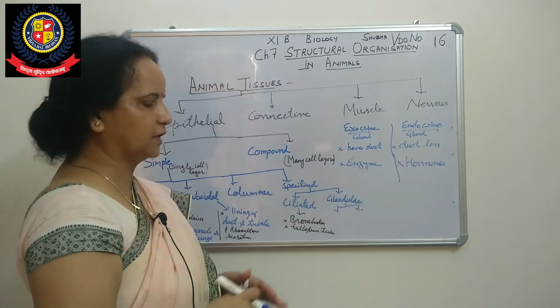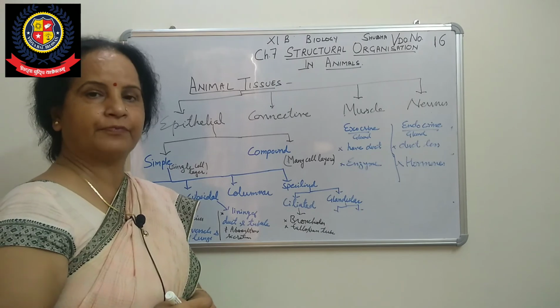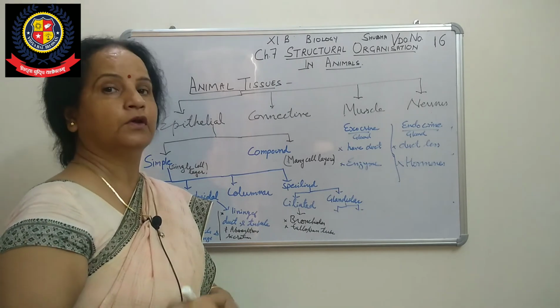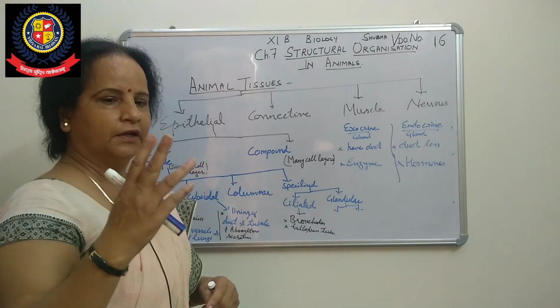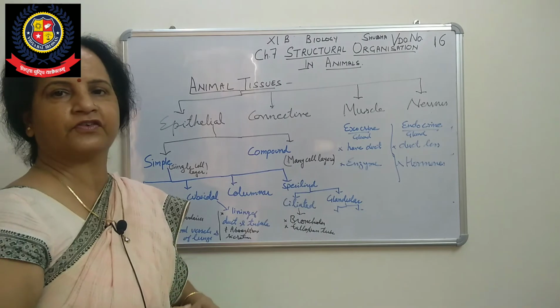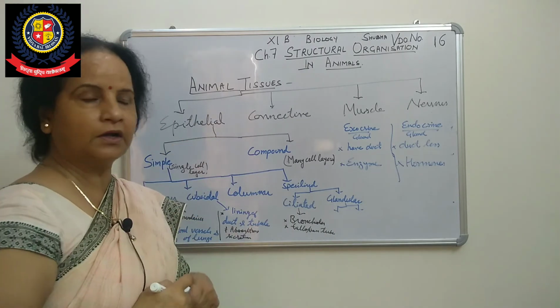Talking about exocrine glands in your body, the stomach cells secrete pepsin enzyme. Along with pepsin there is HCl and mucus, three secretions. You have done the digestive system in 10th. These are the gastric glands lining the inner surface of the stomach, and they secrete enzyme. Among endocrine glands, the pancreas secretes the hormone insulin.